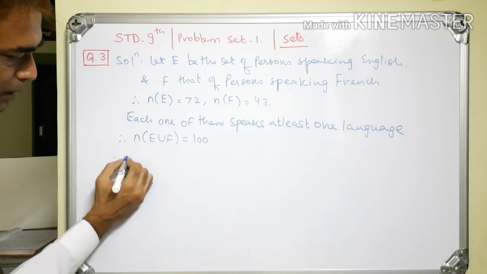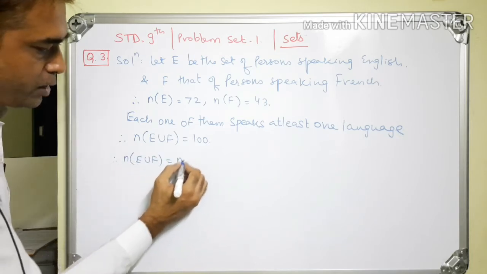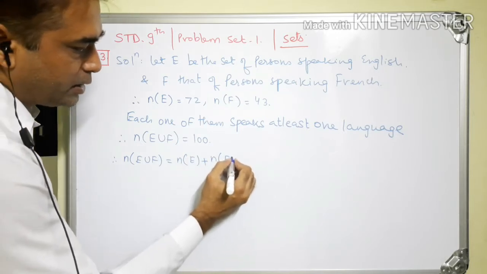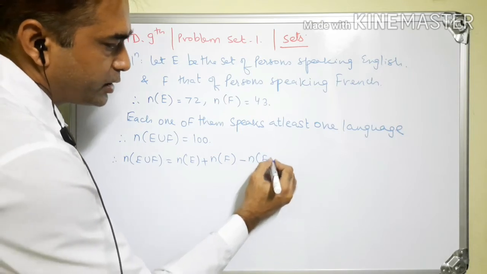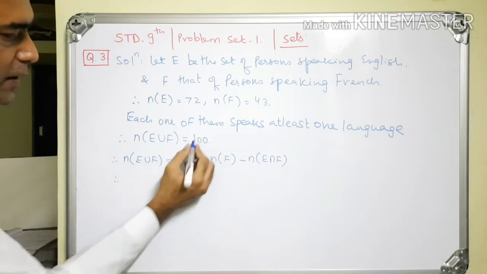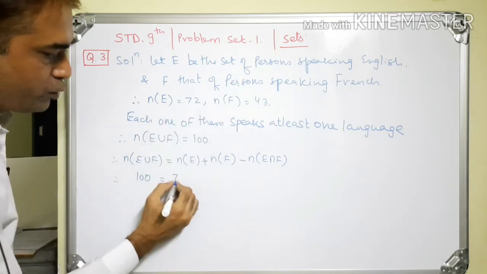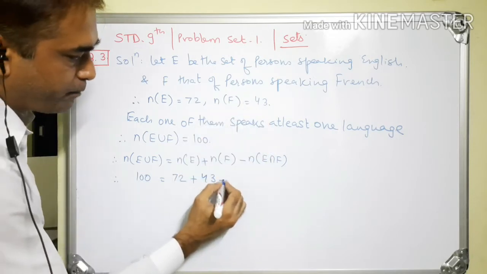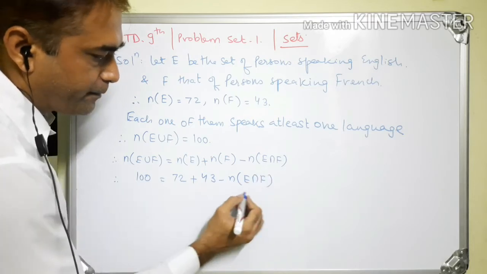Number of elements in set E union F equals the number of elements in set E plus the number of elements in set F minus the number of elements in set E intersection F. Therefore, E union F is 100, n(E) is 72 plus n(F) is 43 minus n(E intersection F).